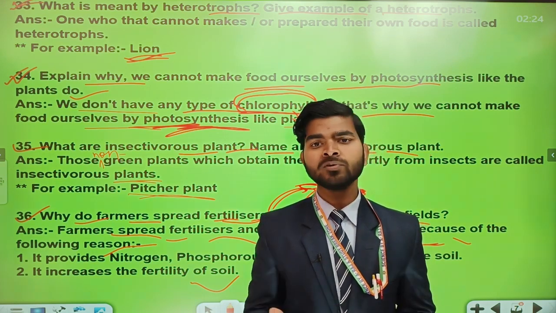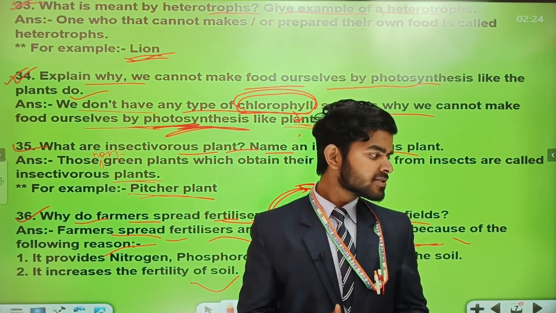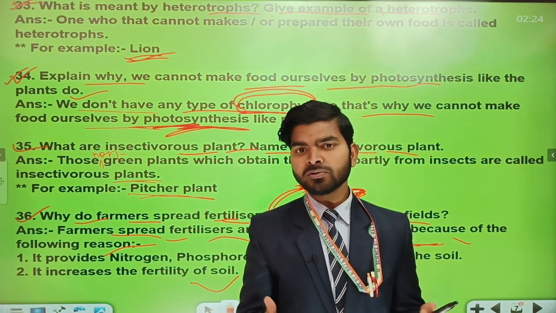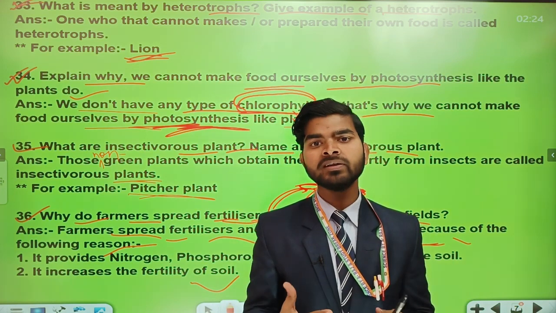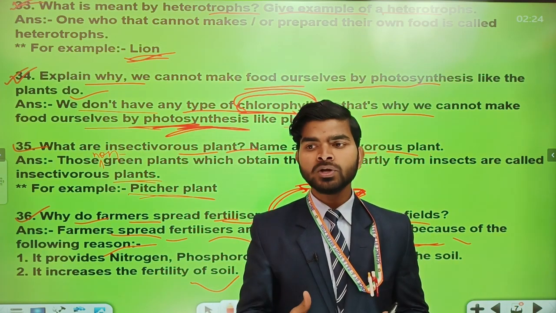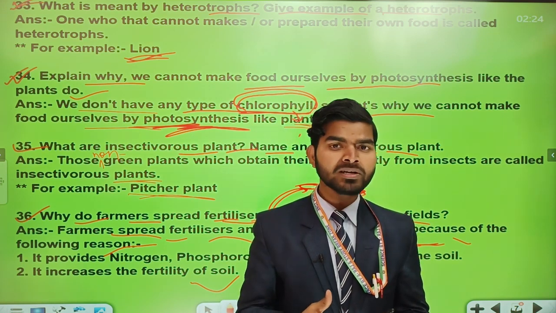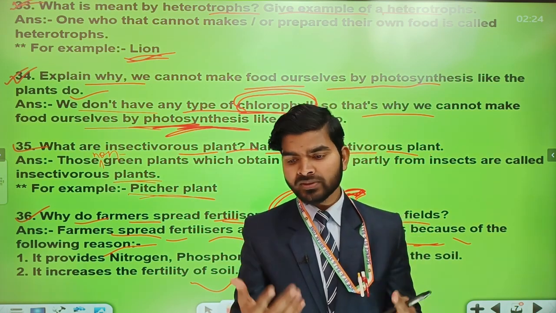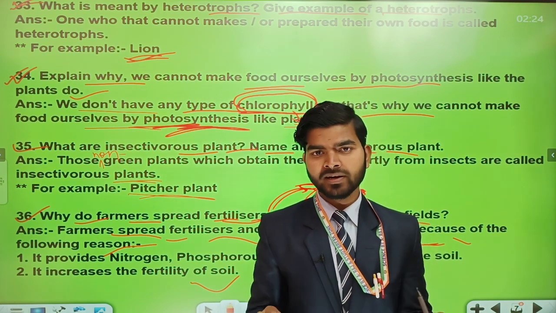And if plants cannot take nutrients from the soil, then what will happen? Then plants will not grow, and your crops will not grow in a healthy way. That means less yield. You will not be able to produce more grains from that field because your field is not fertile.